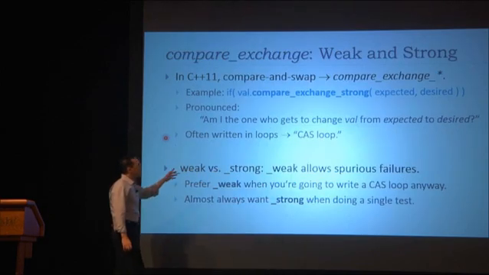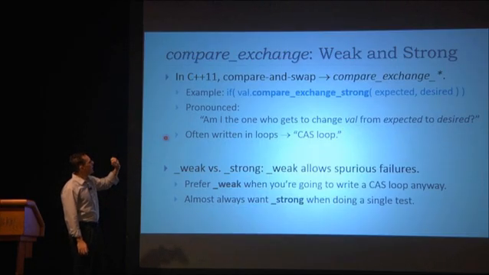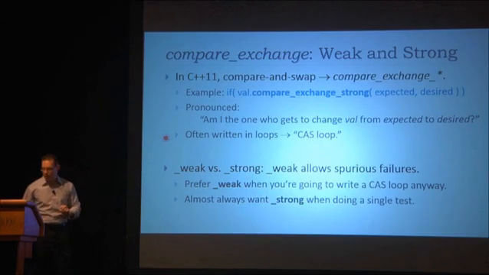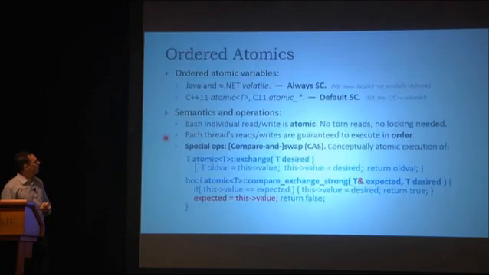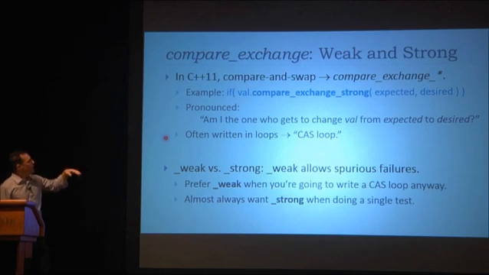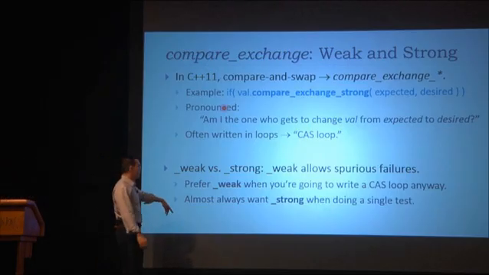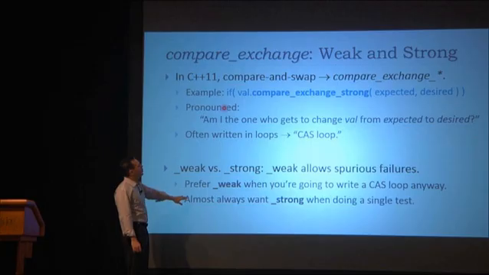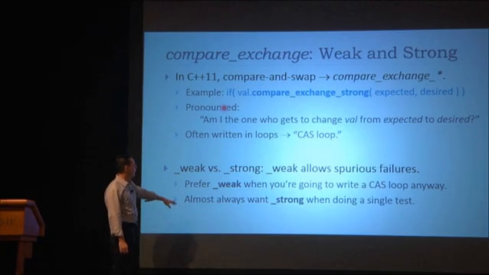And the way that you think about this, if val.compare_exchange_strong from expected to desired, it's pronounced, am I the one who gets to change val from expected to desired? And it's often written in a loop. When you use the strong version, you're usually doing a single test like that if.